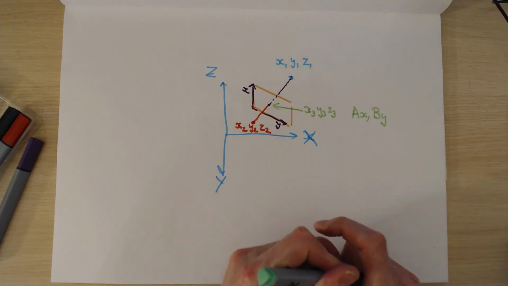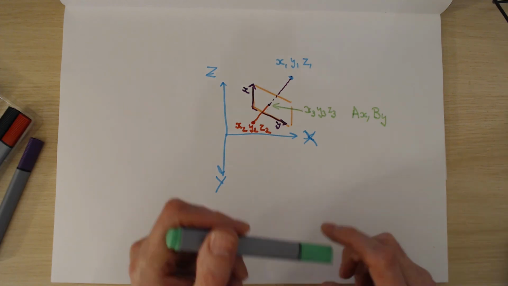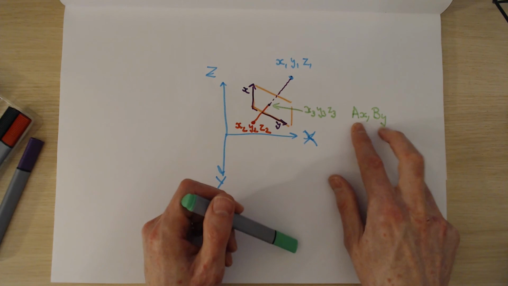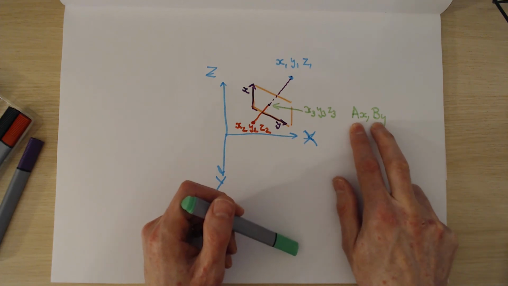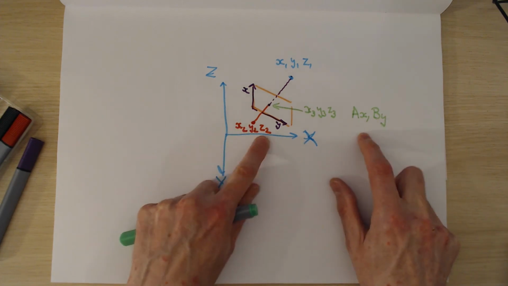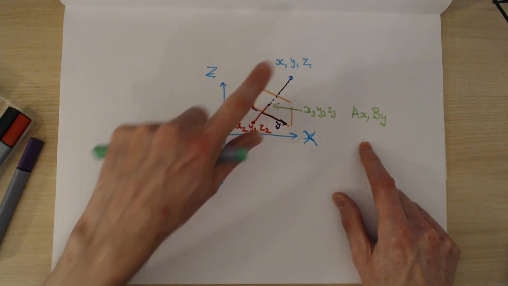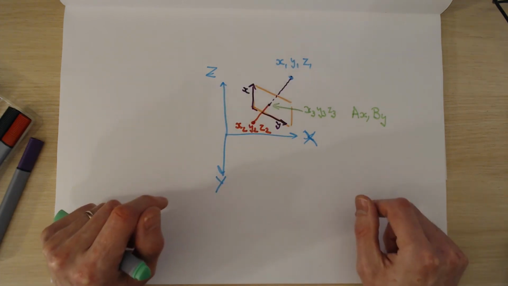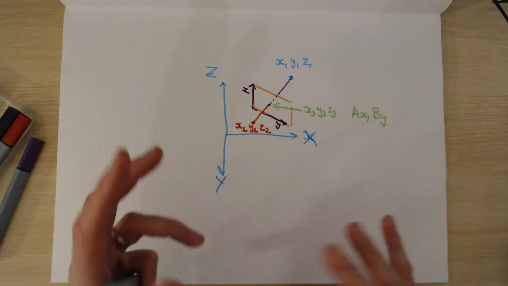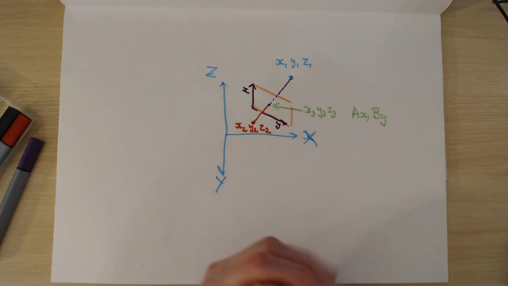So the challenge is to calculate A and B based on X2, Y2, Z2, which is where your eye is, and X1, Y1, Z1, which is the point you're looking at. And that's how we can convert from 3 dimensions to 2 dimensions.